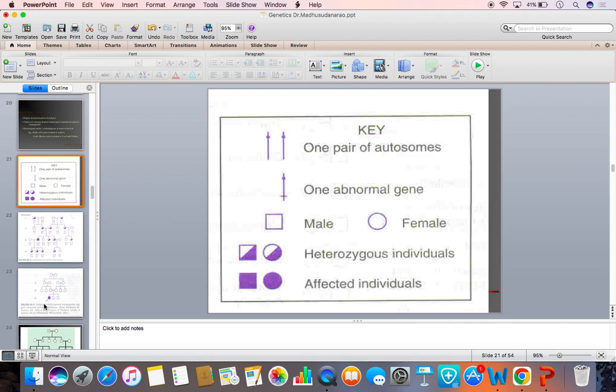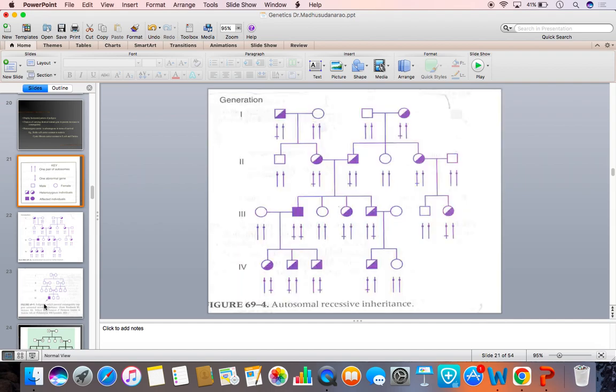Here the picture shows one pair of autosomes which are normal, and one abnormal gene marked by a cross. The square indicates male, the circle denotes female. The half-shaded pictures show the heterozygous individuals, and the fully shaded indicates the affected individual.